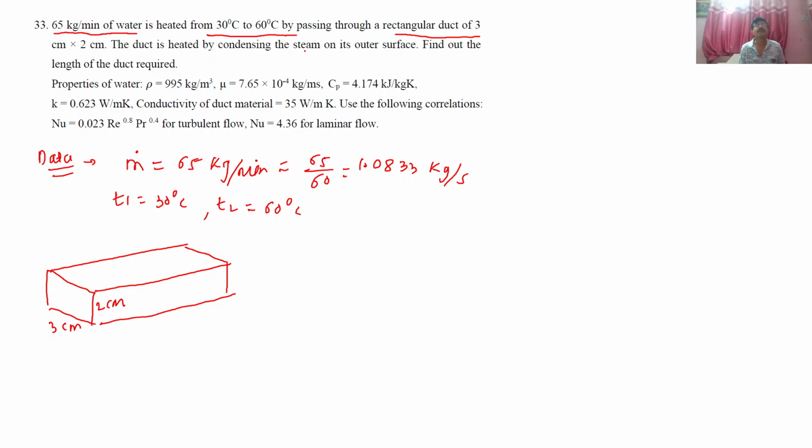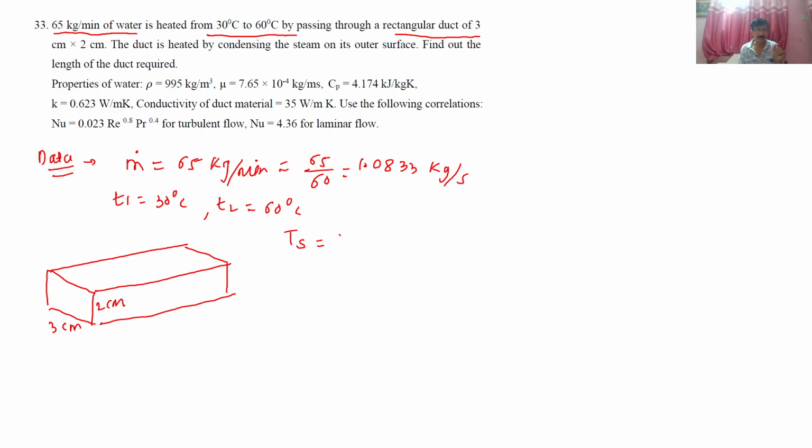The duct is heated by condensing steam on the outer surface. On this outer surface, the steam gets condensed. So what is the condensing steam temperature? That is Ts. Outer surface means the outer wall of the duct on which there is condensing steam. So what is the surface temperature?